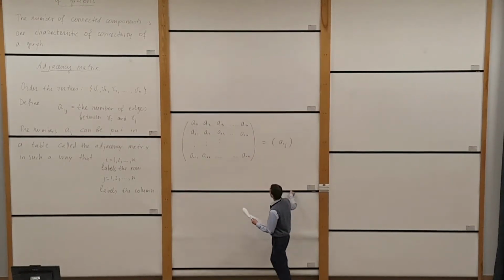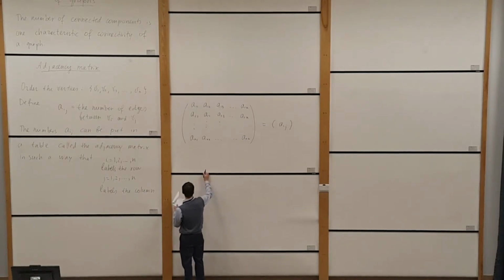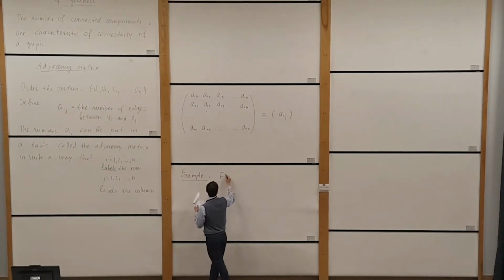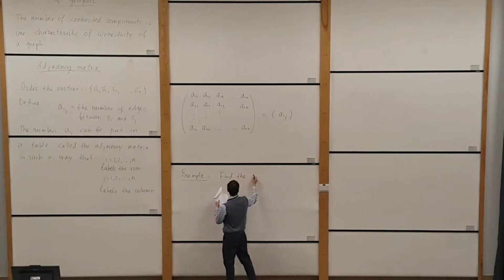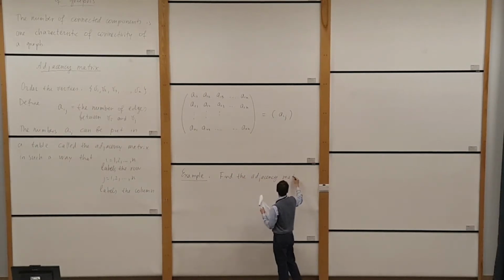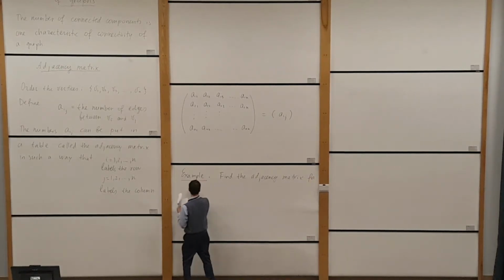Let me do a concrete example. Find the adjacency matrix for the following graph.